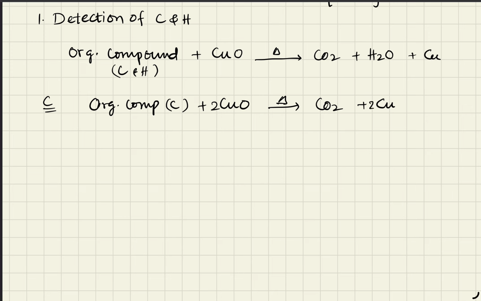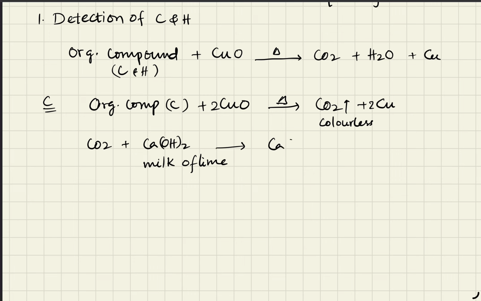Now this liberated carbon dioxide is colorless. Therefore, to identify this colorless gas, pass the carbon dioxide gas into calcium hydroxide solution. This is called milk of lime. Then it gives a turbidity of calcium carbonate plus water.